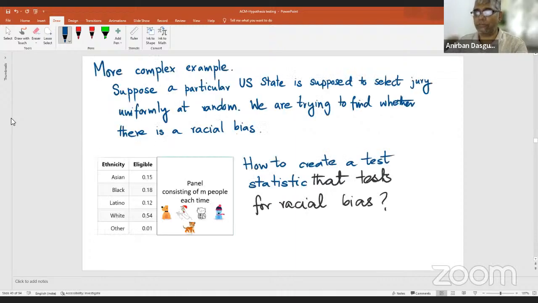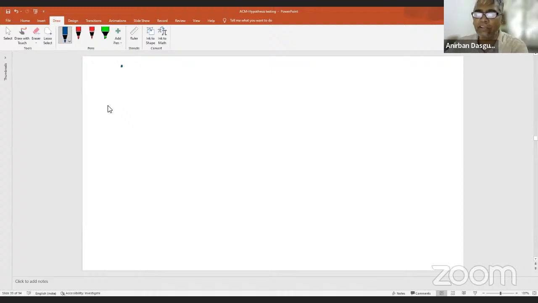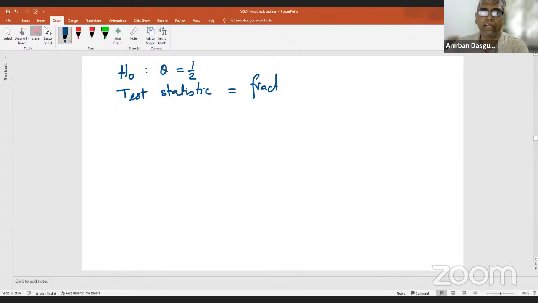So now, how should we go about this? Let's just see. H0 is saying that theta equals half. Let's just write it this way.